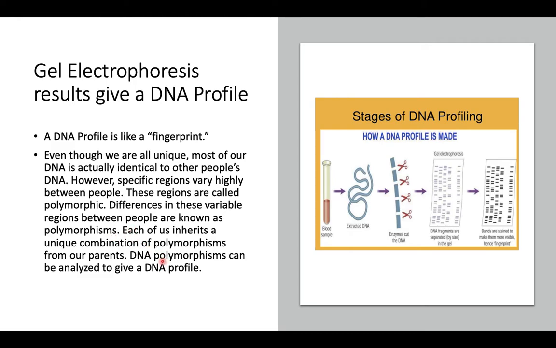So then we can take these polymorphic regions, which are those tiny variable regions, and we can analyze them to give our own unique DNA profile. So the DNA profile that is made at the end of a gel electrophoresis process is going to be our own DNA fingerprint that is going to be just like our thumbprint, right? It is going to be unique to us.